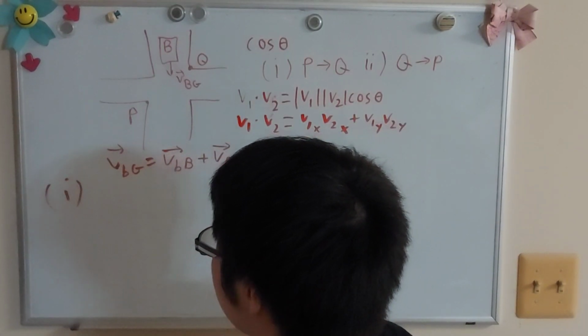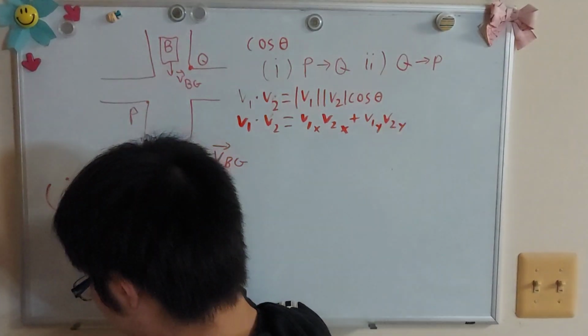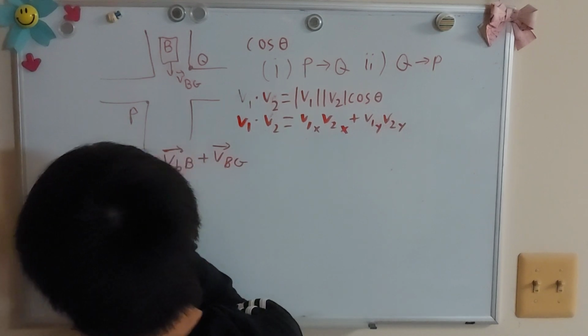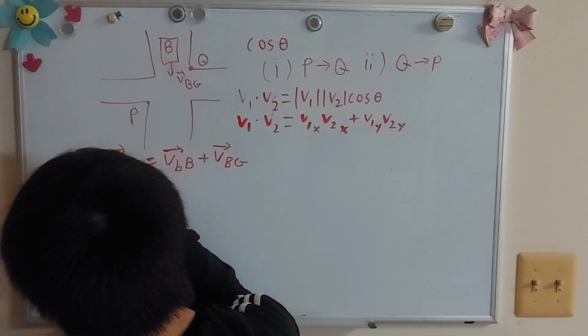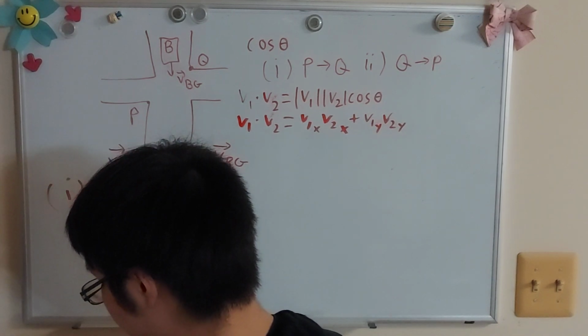In case 1, we recognize that the velocity of the ball relative to the ground is equal to 8i plus 6j. That was what we found in part A of this problem.